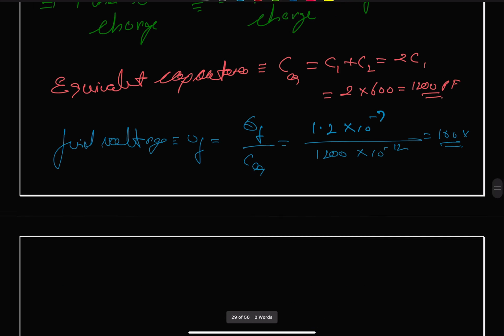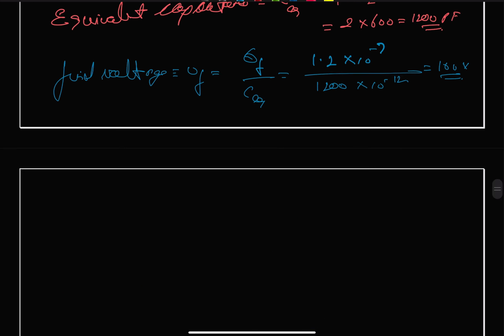Now we can find out our final energy. Final energy, let us call this UF, will be equal to half CE VF square.